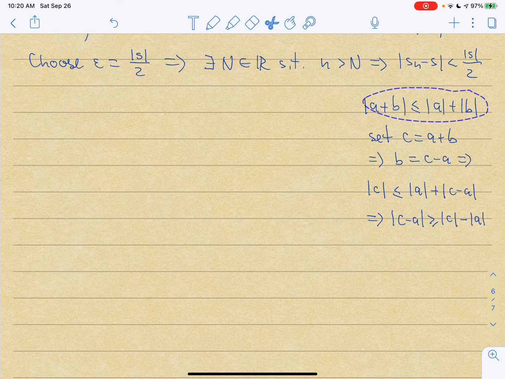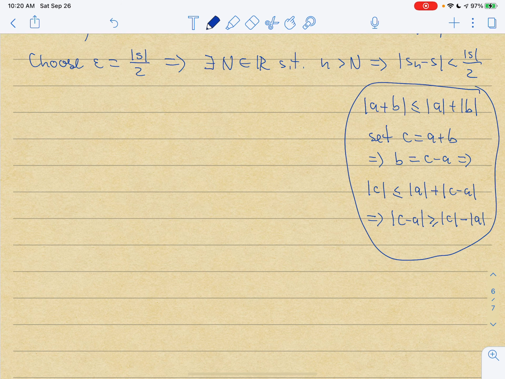I could have expressed a as c minus b, and I will come up with exactly the same inequality, except that a will be replaced by b. So with this in mind, let's now apply it in our case.